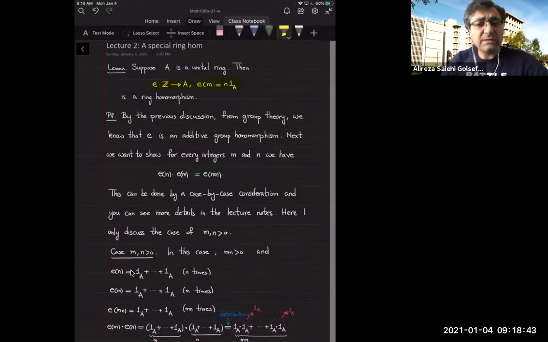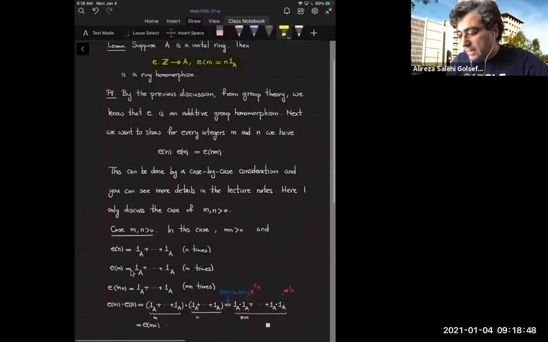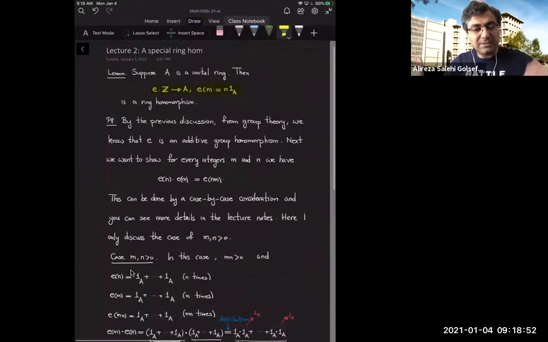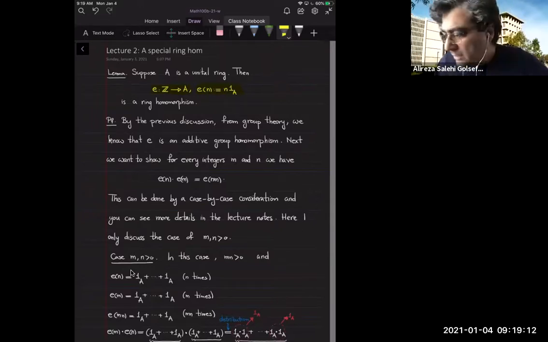Again, recall that n times the identity means that it is 1_A plus 1_A, n times, if n is positive. It is 0 if n is 0, and it is negative 1_A plus negative 1_A, negative n times, if n is negative. So this is the definition of this ring homomorphism, E.